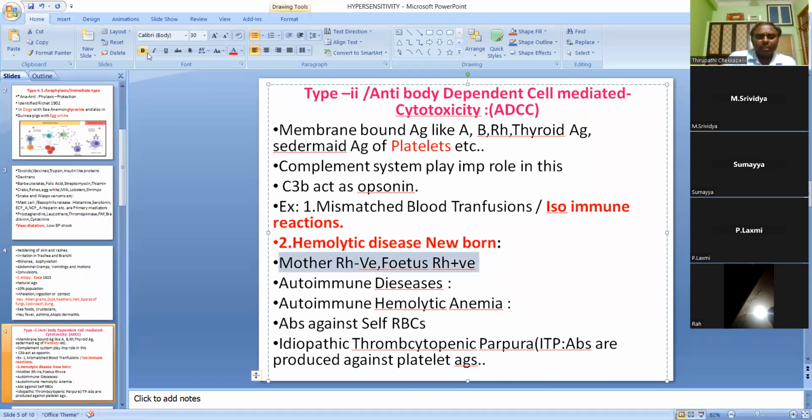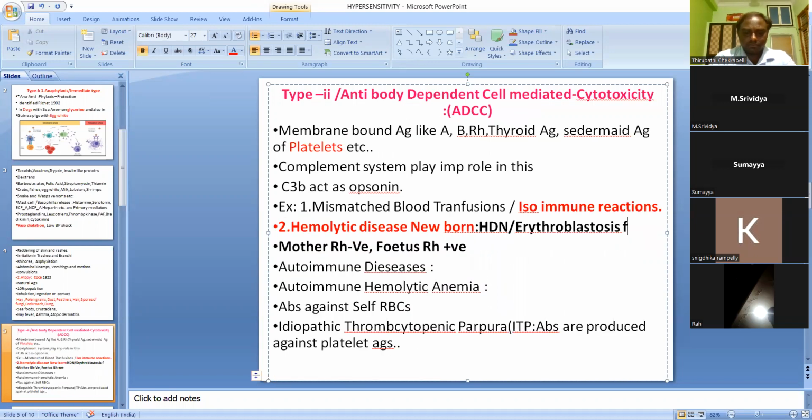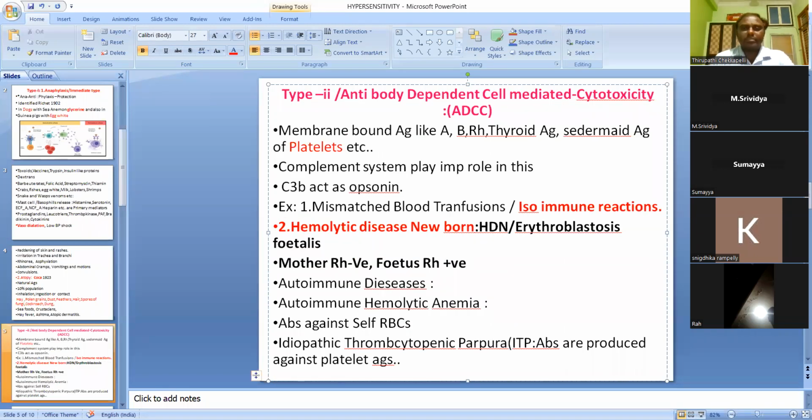Here a mother has blood group Rh negative and the fetus has blood group Rh positive, and this HDN takes place. What is another name for this? Erythroblastosis. Very good. So I do not want to explain the results. This is the second example.